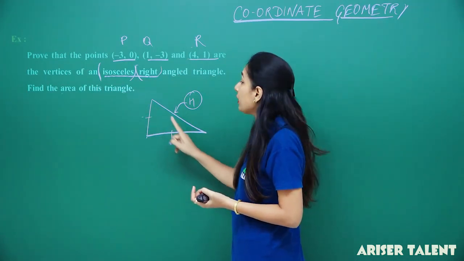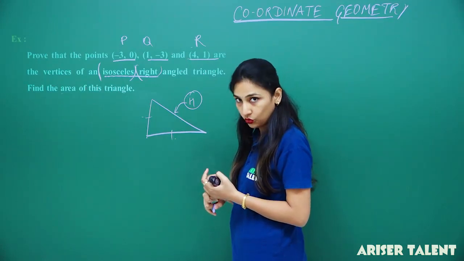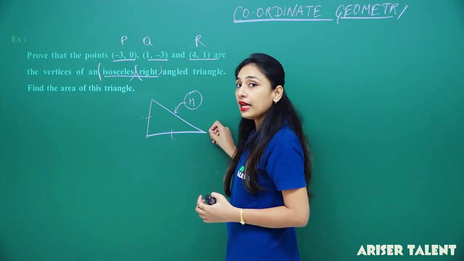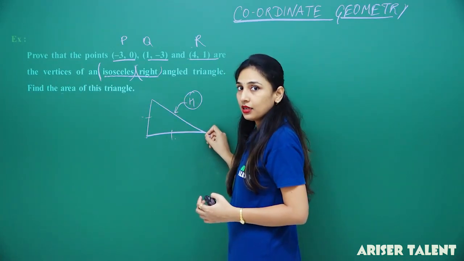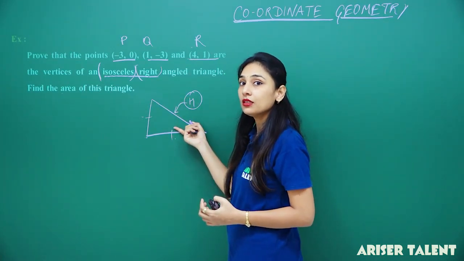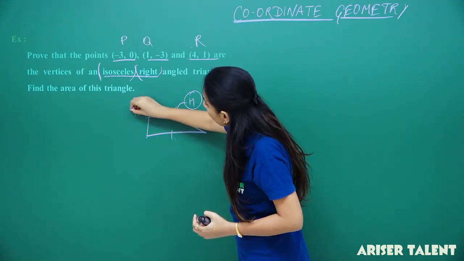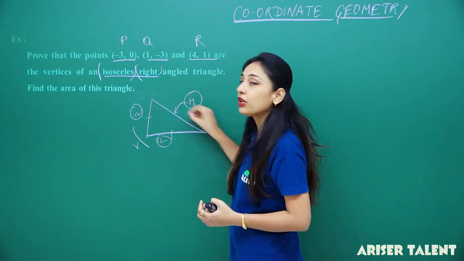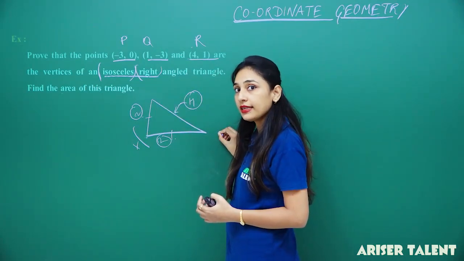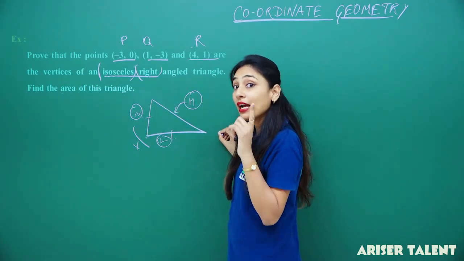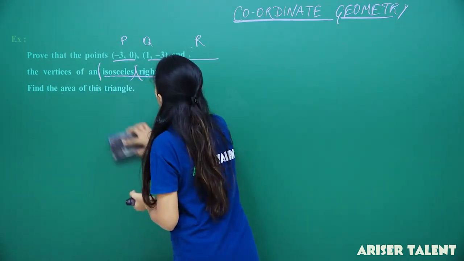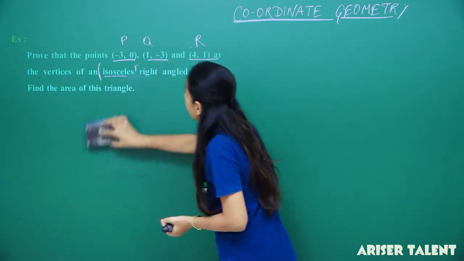The largest side cannot be equal to any other side of a triangle. Okay, got my point? So we are having these two lengths equal and this is our hypotenuse. Now the square of this side plus the square of this side will be equal to the square of this side, by the Pythagoras theorem. Okay, right.